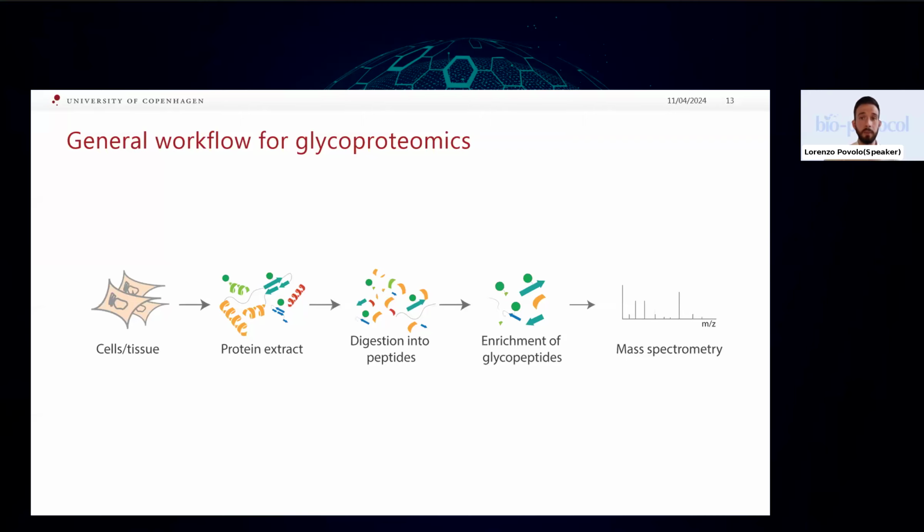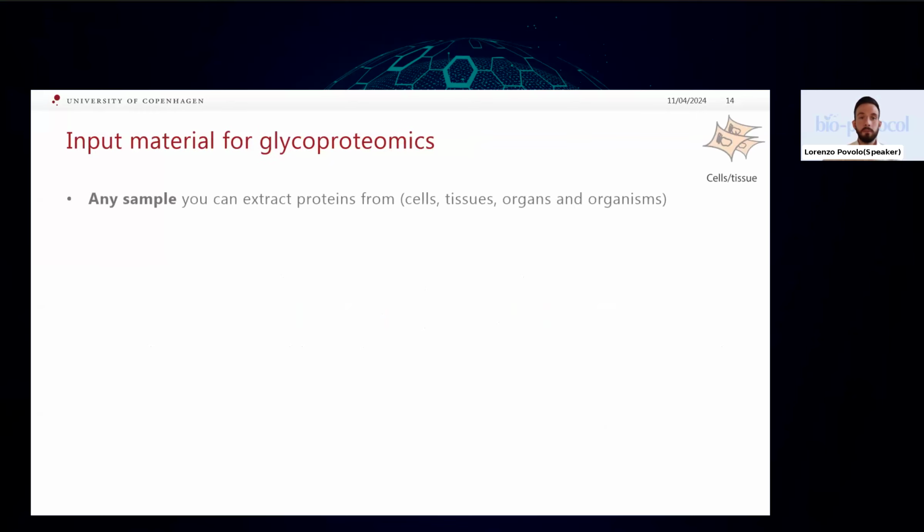So let's start with the input material. When it comes to the input, virtually any sample you can extract proteins from, which can be cell lines, tissues, organs, and even small organisms, can be used as an input for glycoproteomics. So here, I would like to give you just a rough rule of thumb on the quantities.